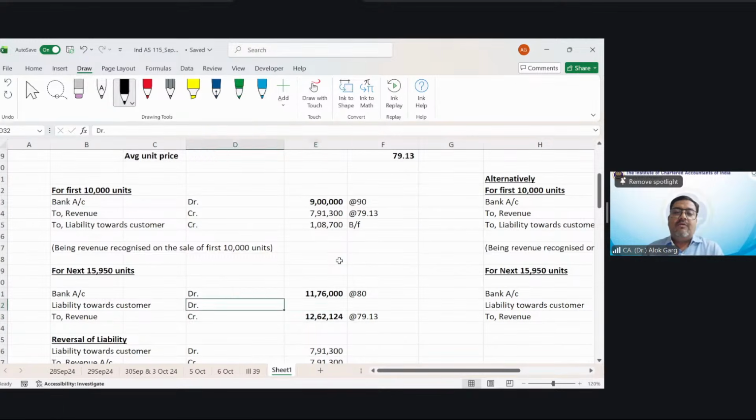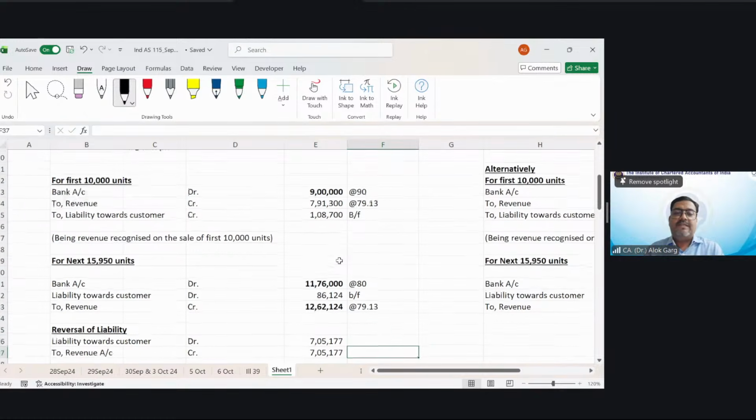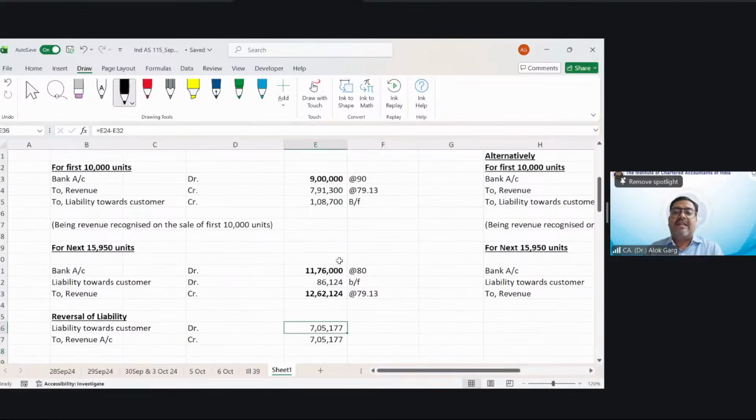So now my credit is more and my debit is less, so I will debit my liability towards customer, the balancing figure. Now I will reverse this liability.